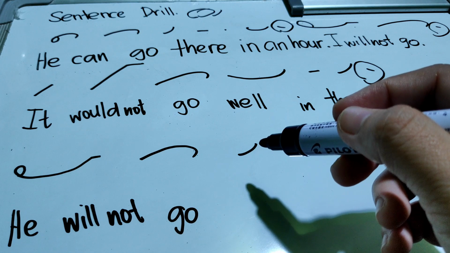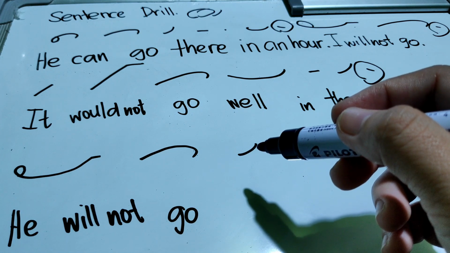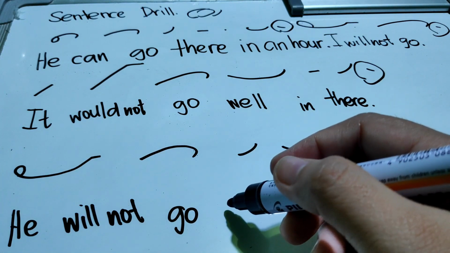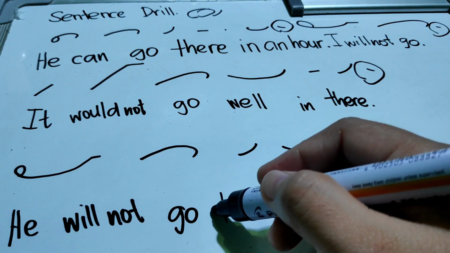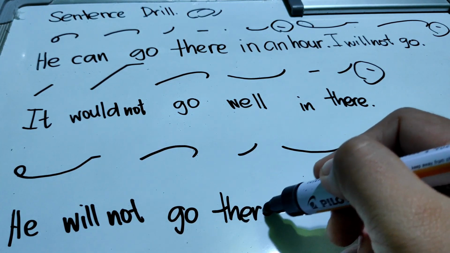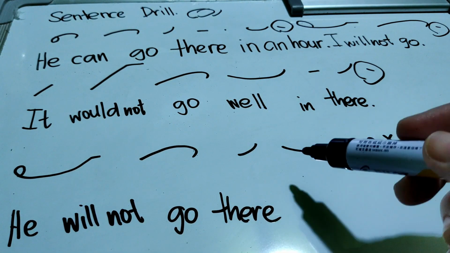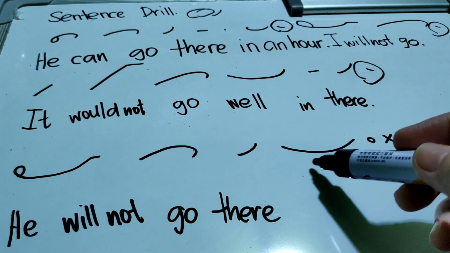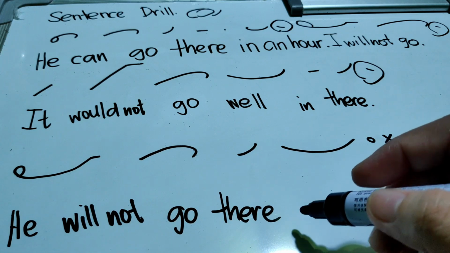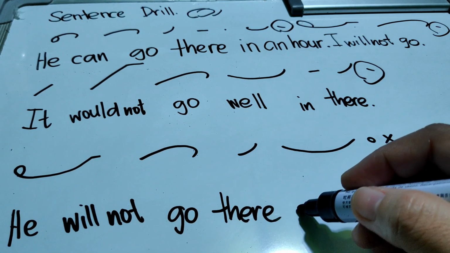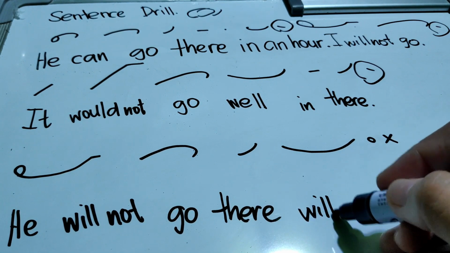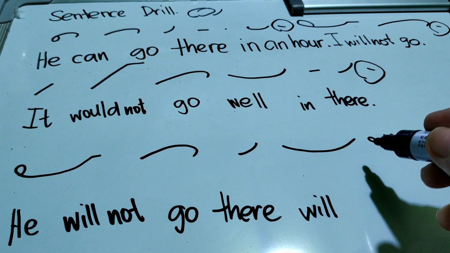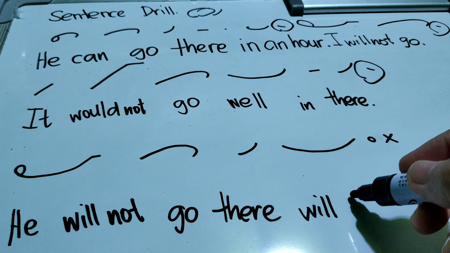Dayon kani siya nga stroke is the TH, which is transcribed as there and their. So, didto og ilaha. So, he will not go there. And then, the letter L, kani nga stroke is the letter L and is transcribed as will and well. So, he will not go there, will. And then, kaning gamay nga circle is the letter E, which is transcribed as he.